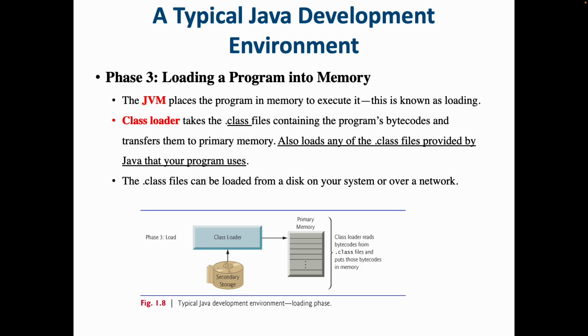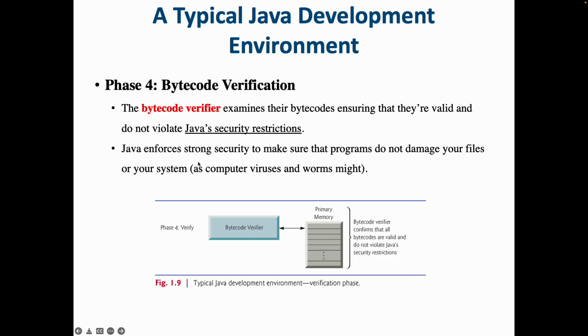Now, this part is loading a program into the memory. We have that class file. It is a file, which means it is not in the main memory. It is in secondary storage, on our hard drive. So we have to load it. The JVM uses a class loader and loads it to itself, and then it verifies your bytecode.